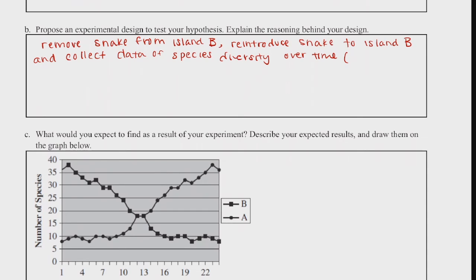This includes population size and richness.